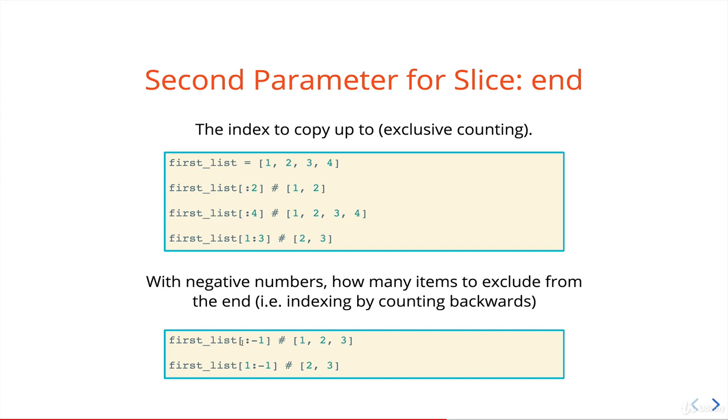In this case, if we do :-1, it's going to go from the beginning, which is index 0, up until the last item, -1, which is 4, and it doesn't include it, so it gives us 1, 2, 3. Or this example goes from index of 1 up to index -1, non-inclusive, so that gives us index of 1, 0, 1, so we get 2, 3, and we stop because this is -1 here, and it's exclusive.